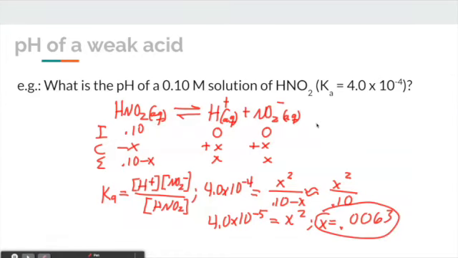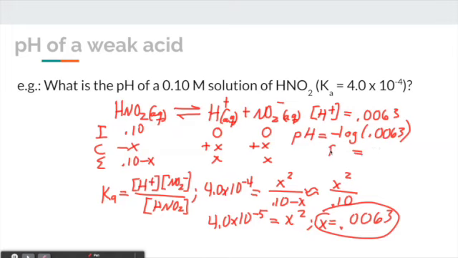All right, so if the concentration of H plus, we have just now established, is equal to 0.0063, because that's what X means here, then that means pH, which is the negative base 10 logarithm of the concentration of H plus, is the negative base 10 log of 0.0063.